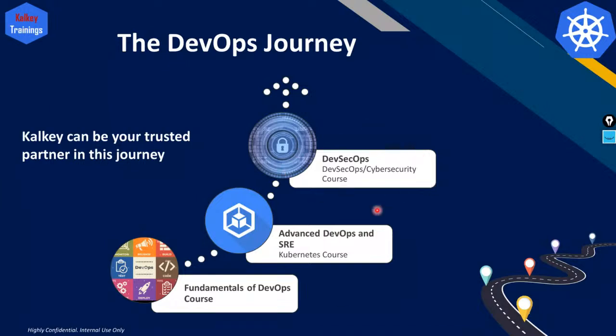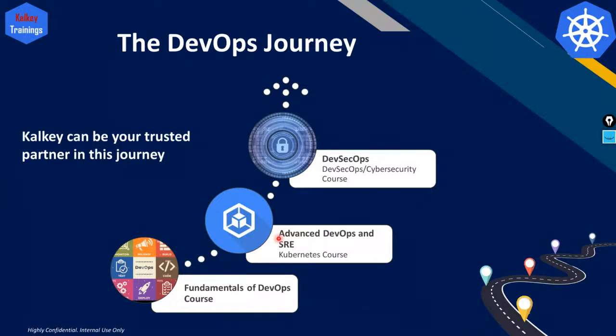But if somebody is coming from an absolutely non-IT background, I will suggest following this path. Start with learning DevOps, because your ultimate aim is to become a DevOps as well as DevSecOps engineer. The combination of DevOps and DevSecOps is a lethal, vital combination. That means you can ensure that you are definitely sought after in the market.